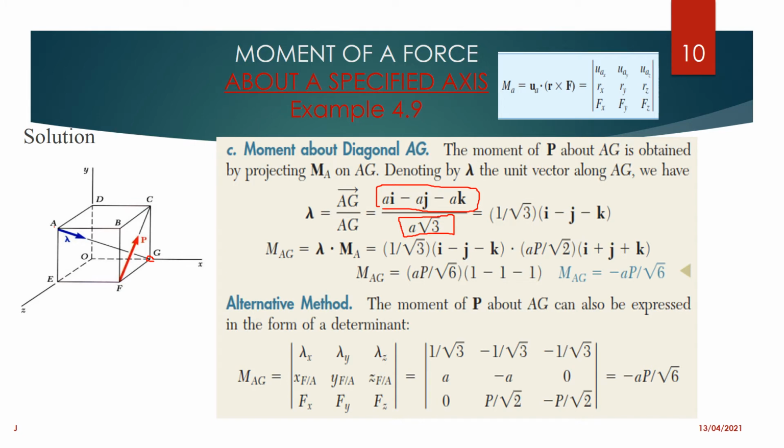Once you have that, you can remember that we also calculated the moment about A. So it's the same triple scalar that we are applying, because we have already calculated MA, right? The only thing that we are calculating now is the unit vector AG, which happens to be this.